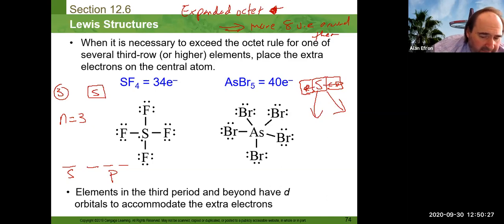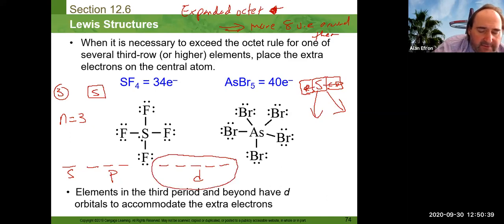And if you remember from our talk about electron configuration, that is where we first start to see d orbitals appear. So on the 3rd energy level is where we first start to actually see the d orbitals appear. Now, even if these guys aren't technically using those d orbitals, they do have them available to basically house all the extra electrons.